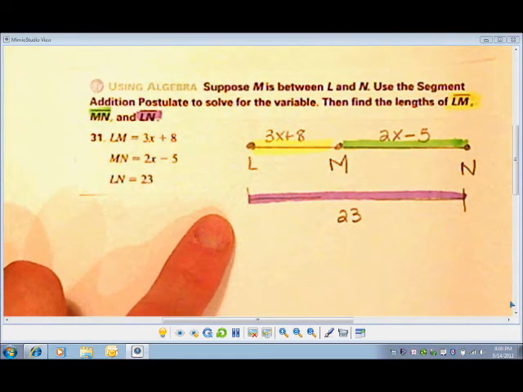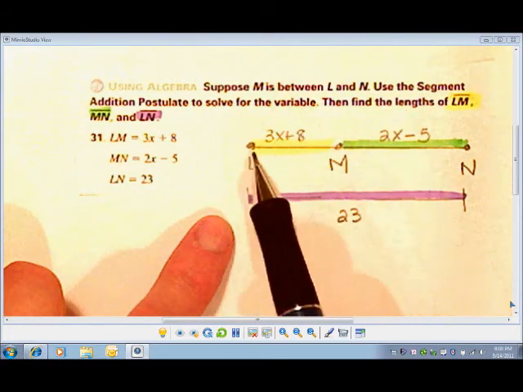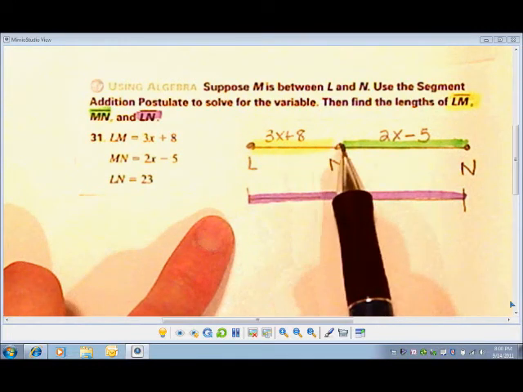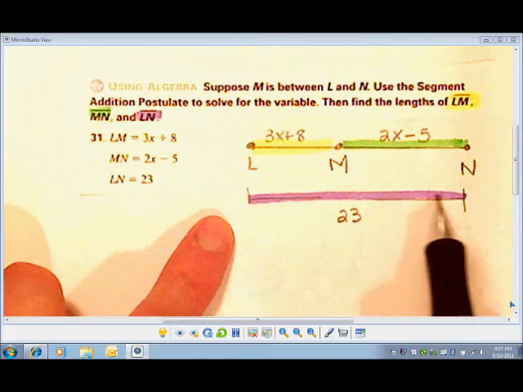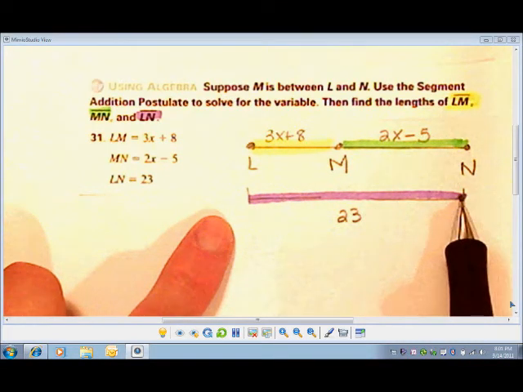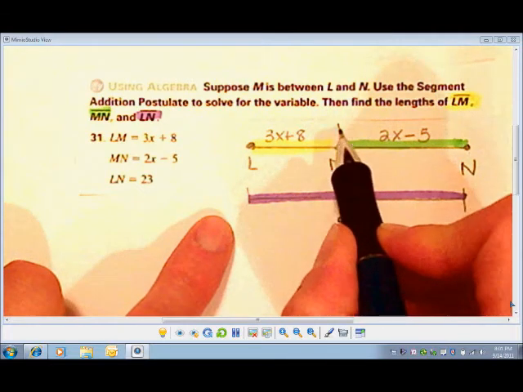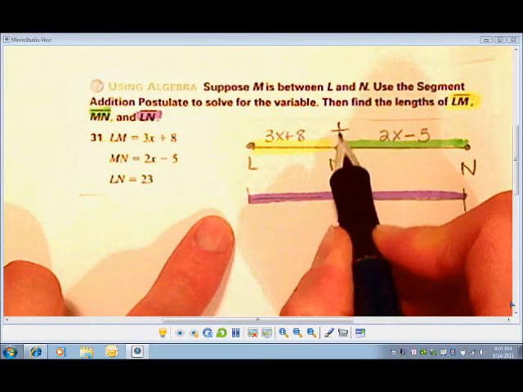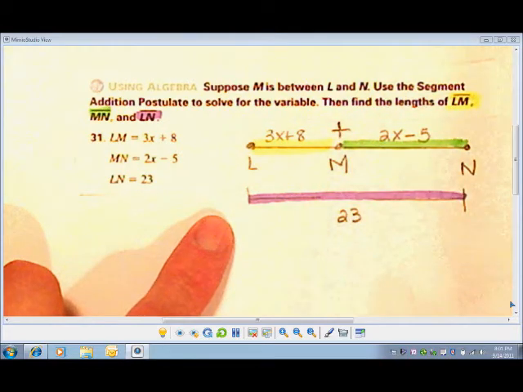So looking at our picture, we know from the segment addition postulate that if we take this segment and we add this segment, we're going to get the entire segment. So what does that mean? Put a big addition sign right here. So if I add those 2 segments, I get the entire segment. So let's write this out.